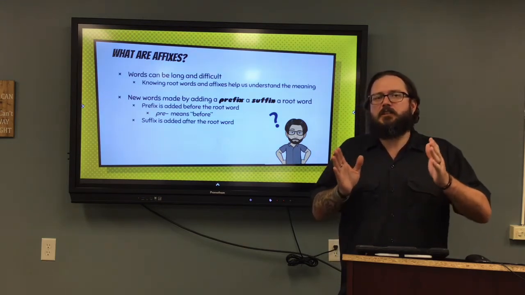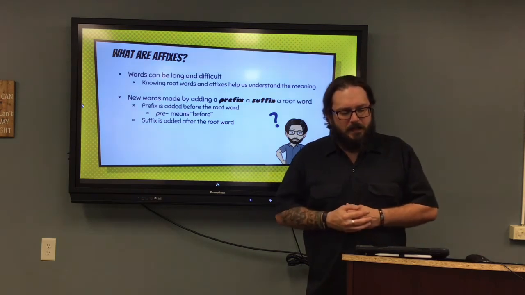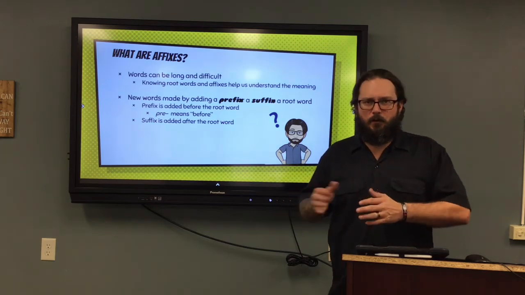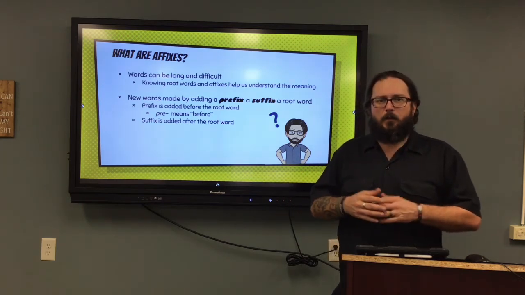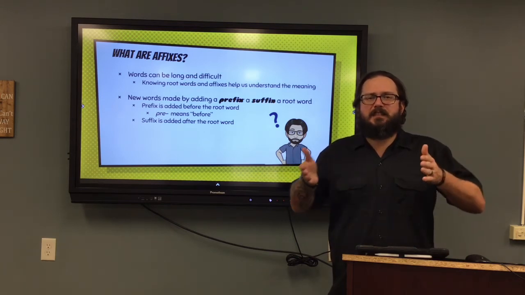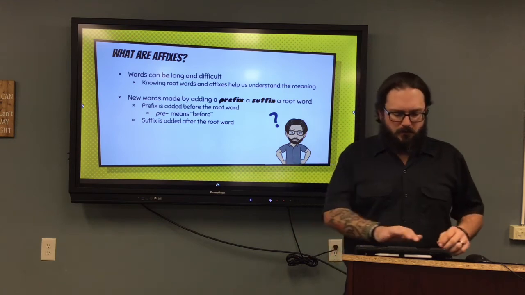So prefixes come before the root word or root. Suffixes are added at the end of the root word. There will be times where we will even see prefixes and suffixes used together to make more new words.